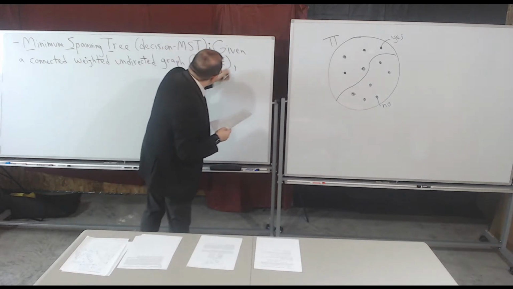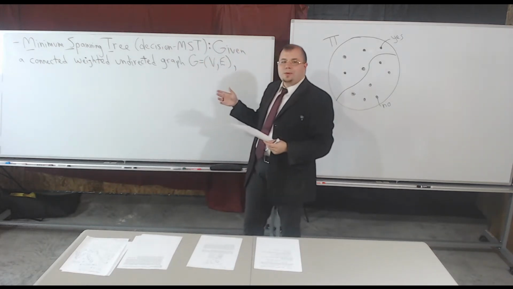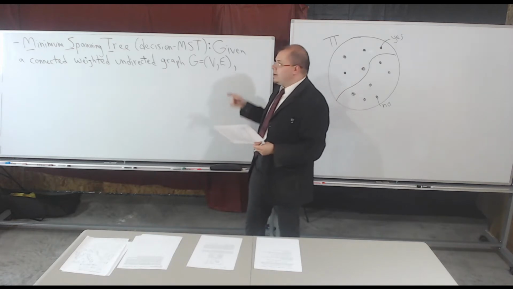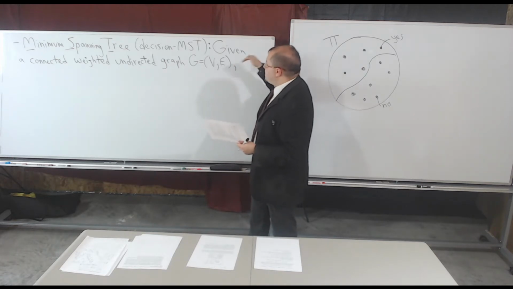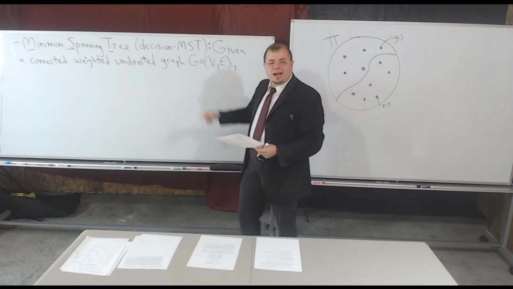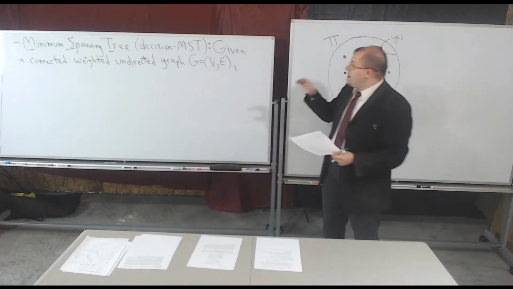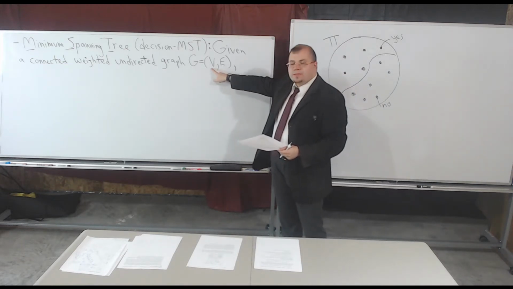So you might be familiar with this setup where I just say, find me a spanning tree, that is a tree, that is a subgraph of my input graph. A spanning tree means that it contains all the vertices of the graph, but it's a tree.